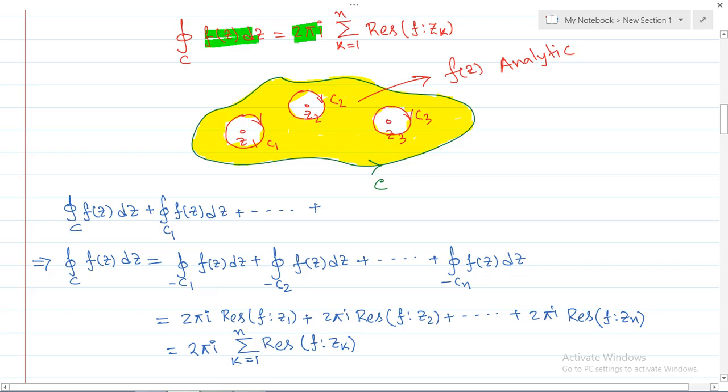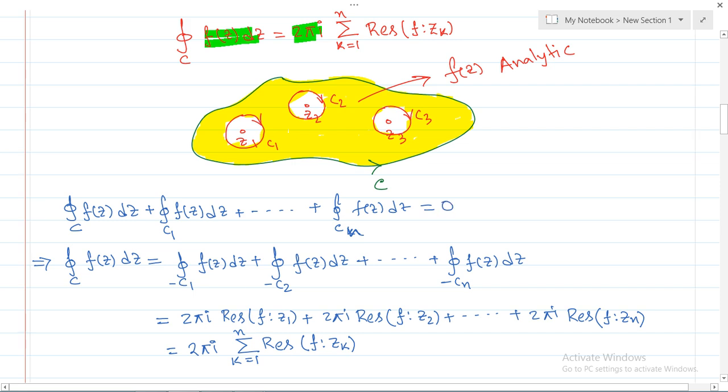There is a reason behind this. Using Cauchy's theorem we can write the integration over C of f of z dz, plus over C1 of f of z dz, and so on up to over Ck or Cn of f of z dz. This value is going to be 0 only.